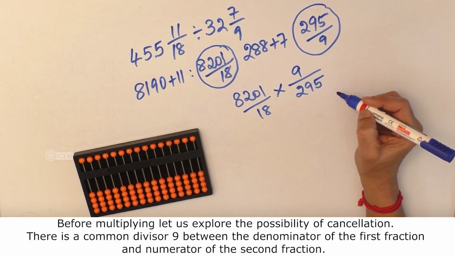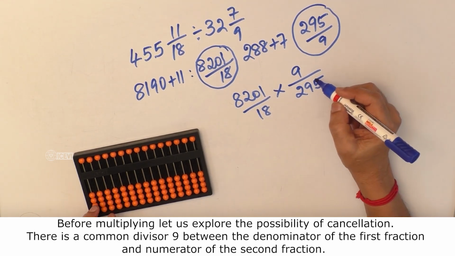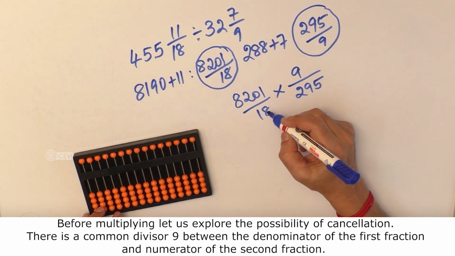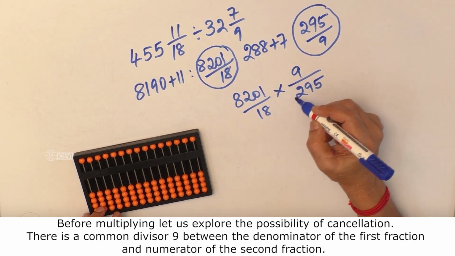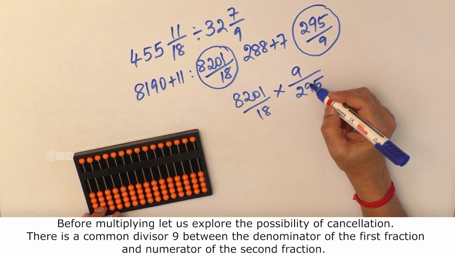Before multiplying, let us explore the possibility of cancellation. There is a common divisor 9 between the denominator of the first fraction and the numerator of the second fraction.